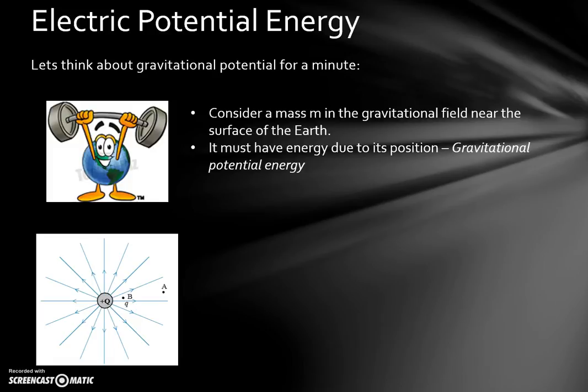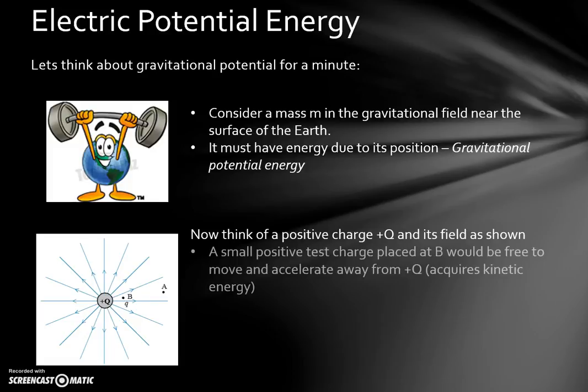and we know that is called gravitational potential energy. So if we think of a positive charge, so plus Q, in its field as we've shown in the little picture here, and we have our small test charge, which is going to be our little q placed in here. It would be free to move, almost like our mass in the gravitational field would be free to move.